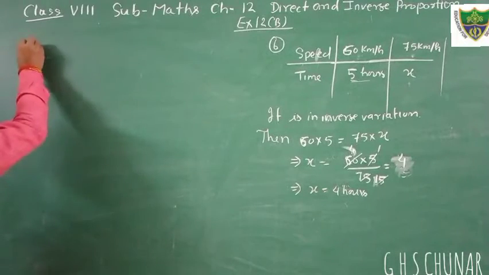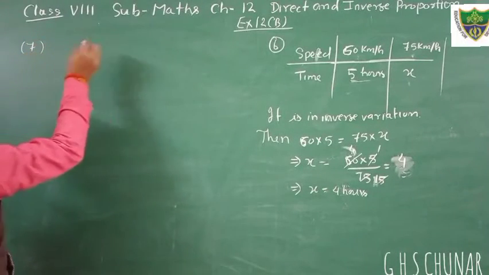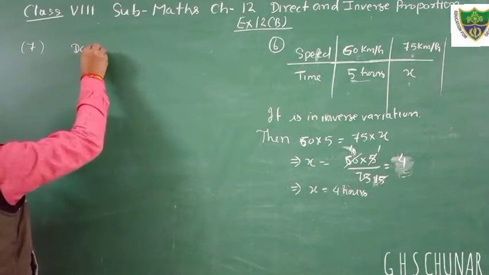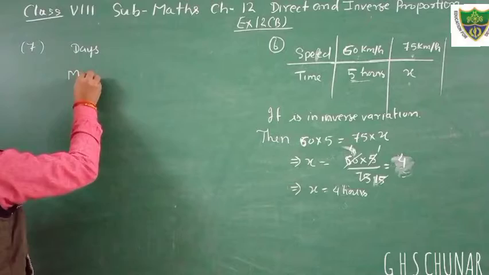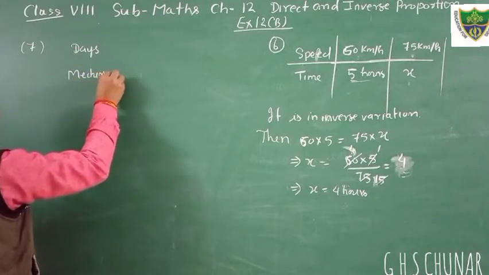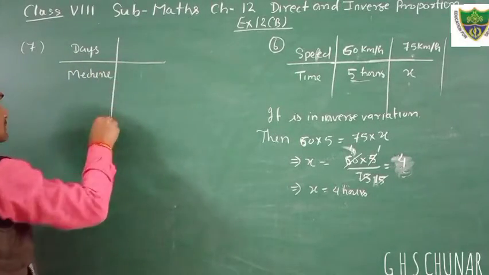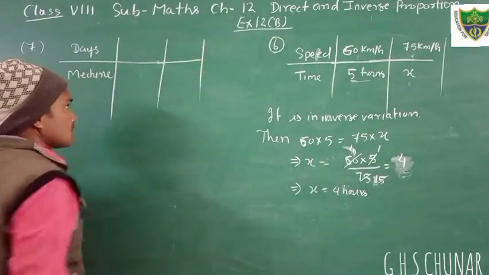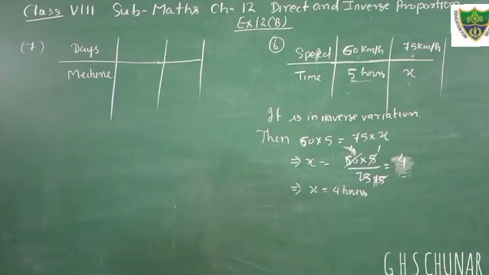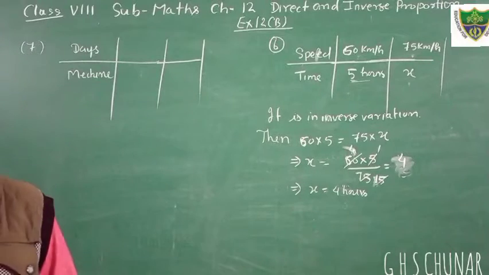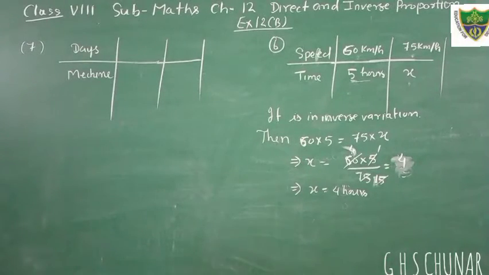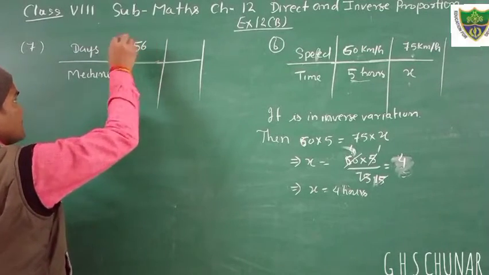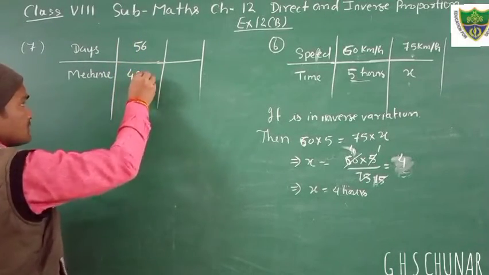In question number 7, we have days and machines. The first relation given is 42 machines and 56 days, the number of articles produced in 56 days with 42 machines.